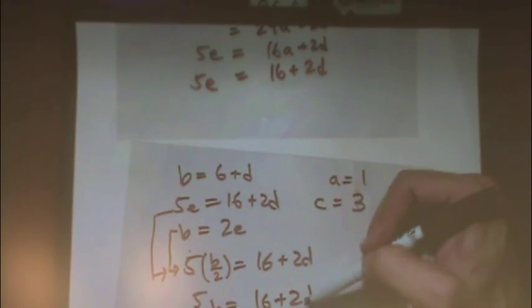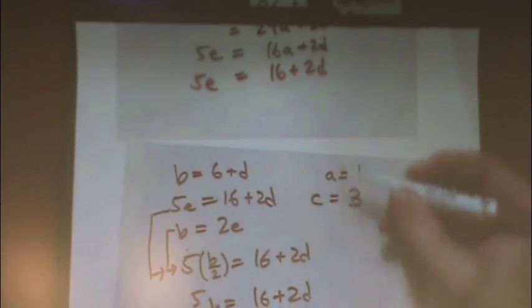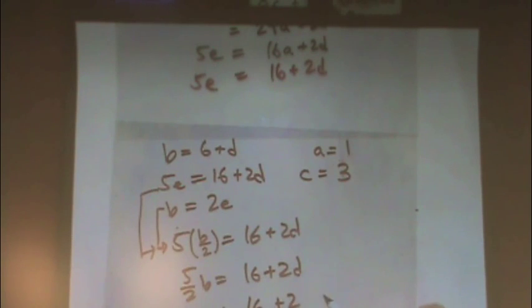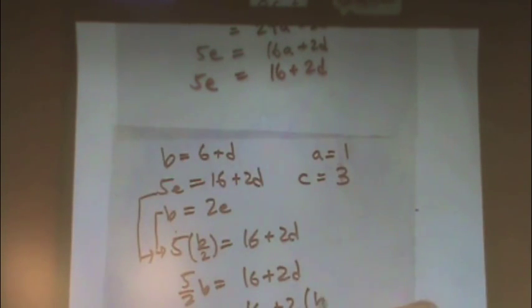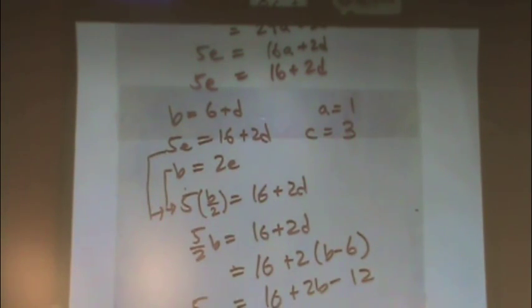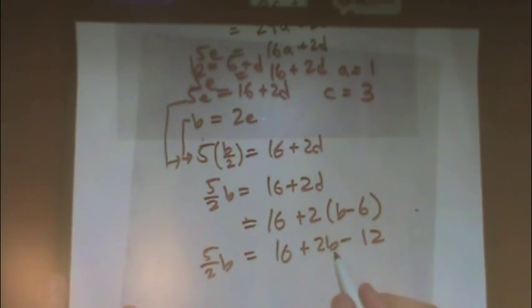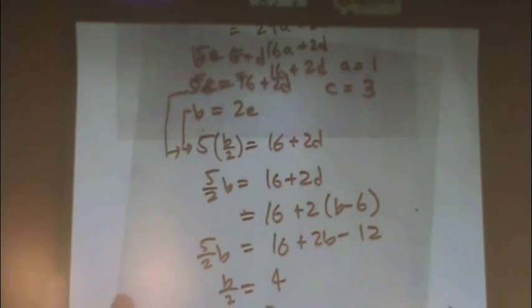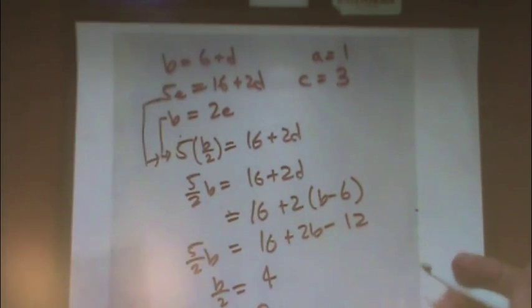Now I have 2 equations with a B and a D in it. So I'm going to put 16 plus 2D, D is B minus 6, or 16 plus 2B minus 12 equals 5 halves B. B over 2 equals 4, or B equals 8. There we go. Now we have B.